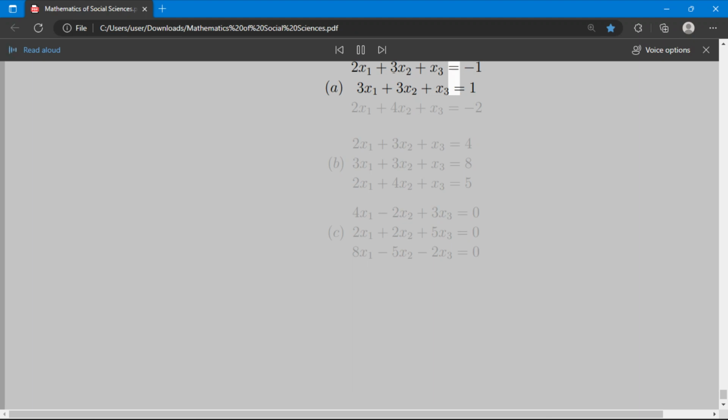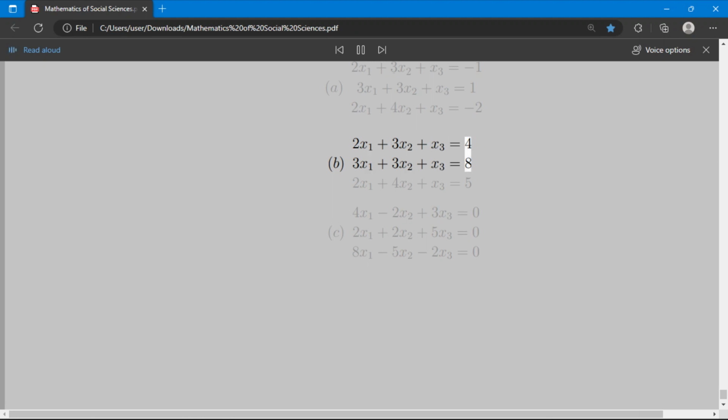A. 2x1 + 3x2 + x3 = 1, 3x1 + 3x2 + x3 = 1, 2x1 + 4x2 + x3 = 2.